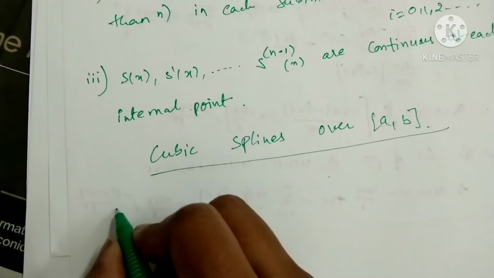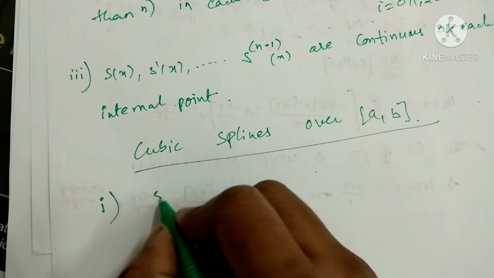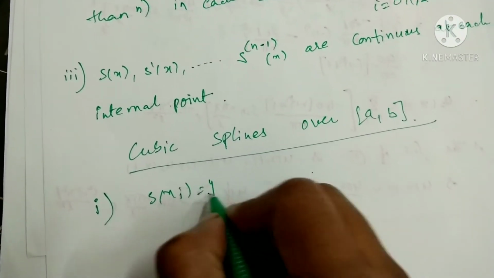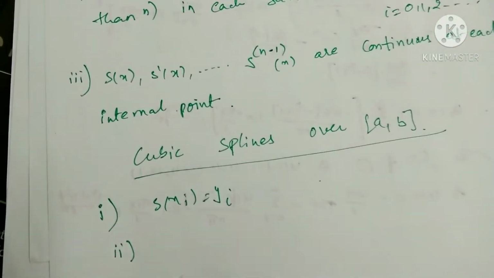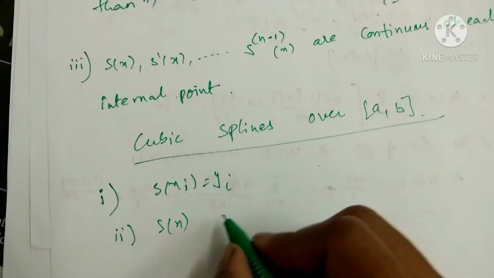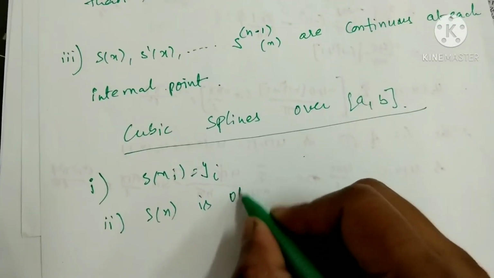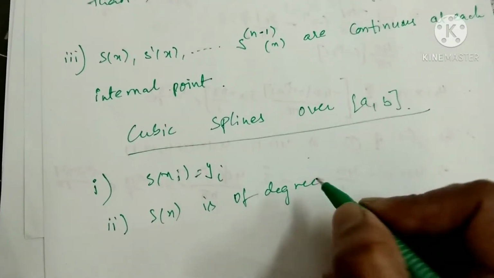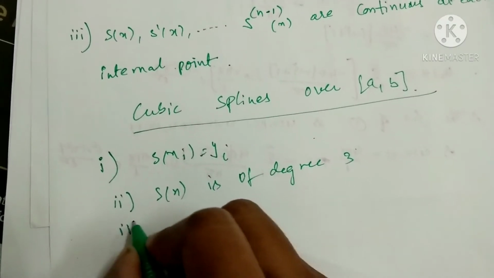So here we can again write three conditions as the spline function must be satisfying all the data. That means S(xi) = yi. And second, S(x) must be a polynomial function of degree 3 or less than that.